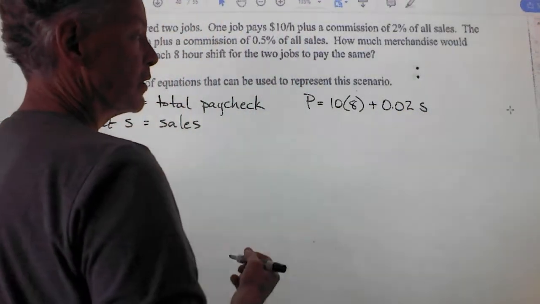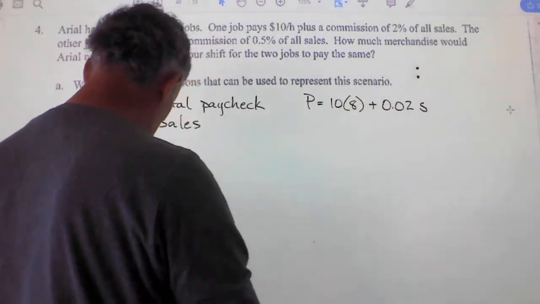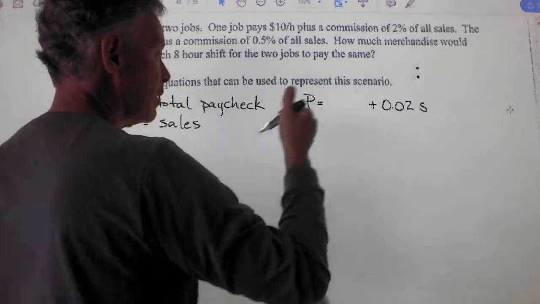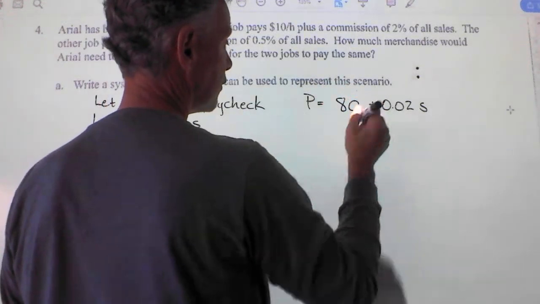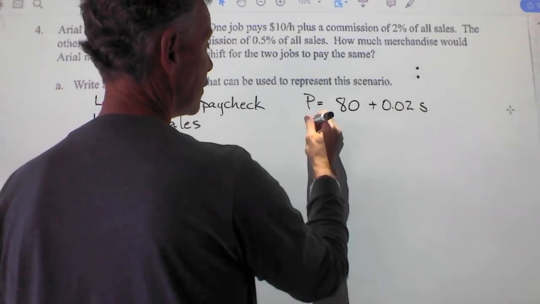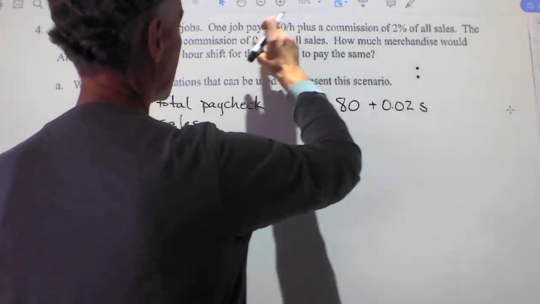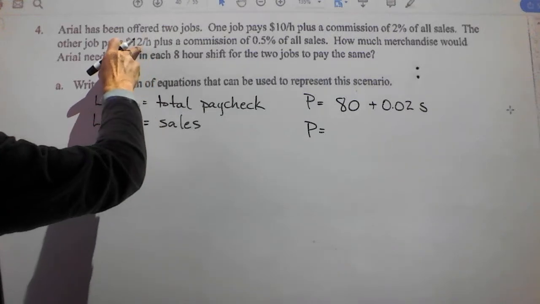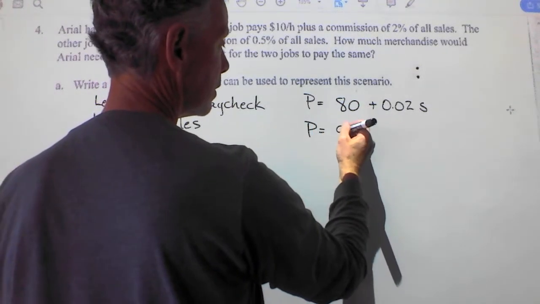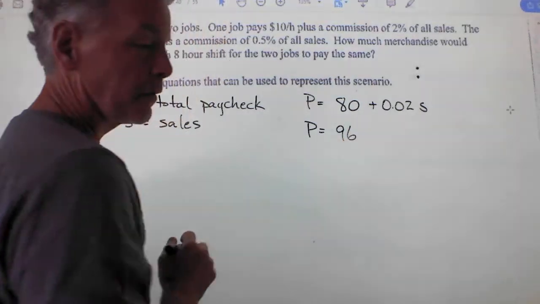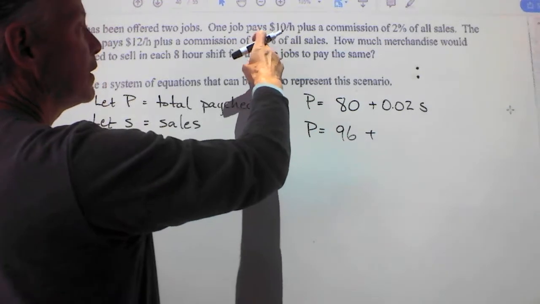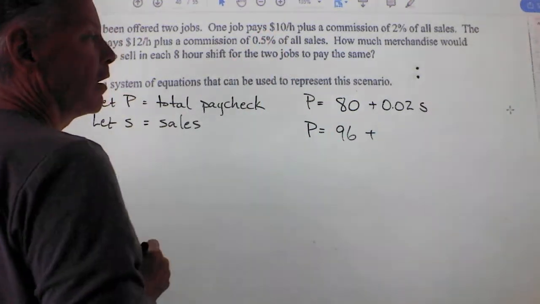Our second equation then becomes, and we're just going to simplify this, 10 times 8 would be $80 for an 8-hour shift. That would be her hourly pay. The second comes from the next sentence, where she gets $12 an hour, so 12 times 8, or 96, plus 0.5% of all sales.